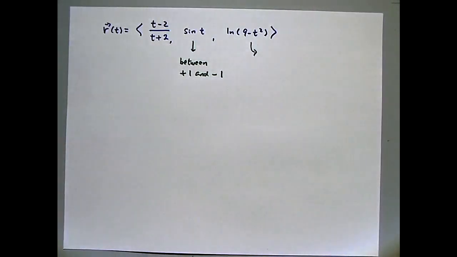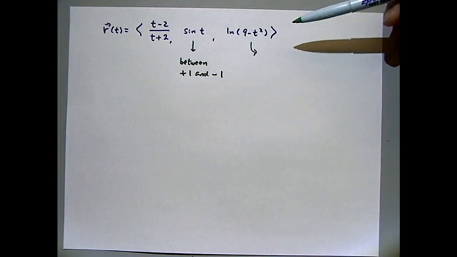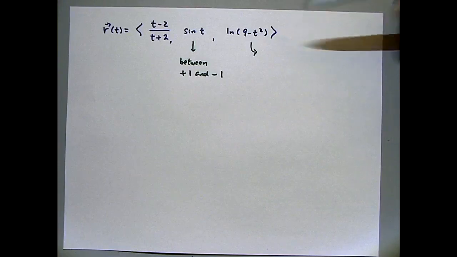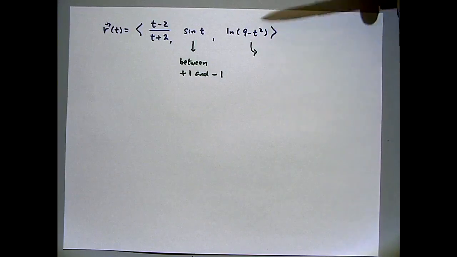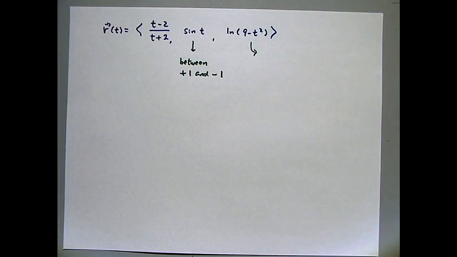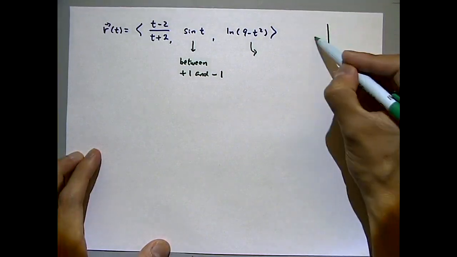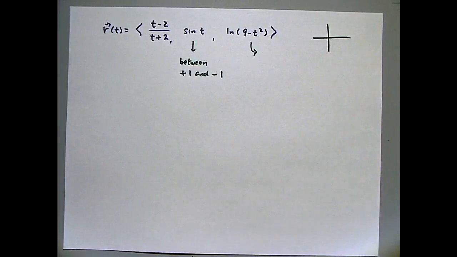What about this? What's the range of the natural log function? Positive number, is that it? Assuming 9 minus t squared makes sense for the natural log function. What do you think? What does the natural log graph look like? We should know this.